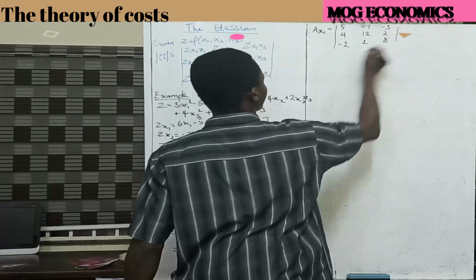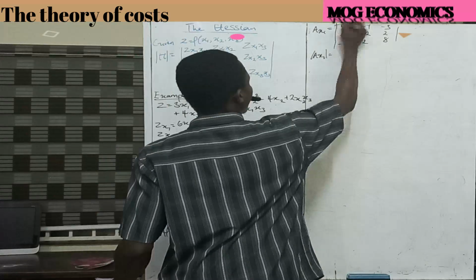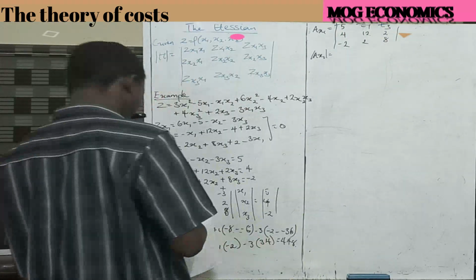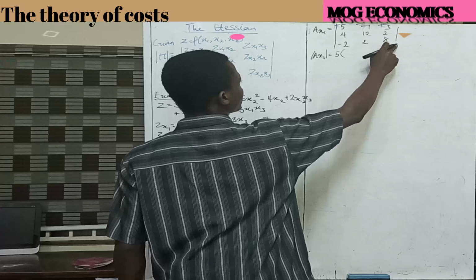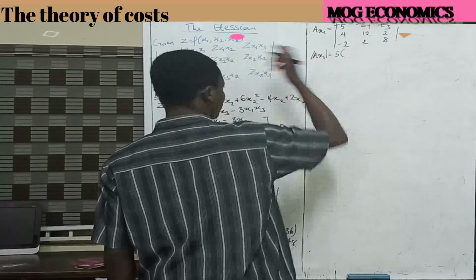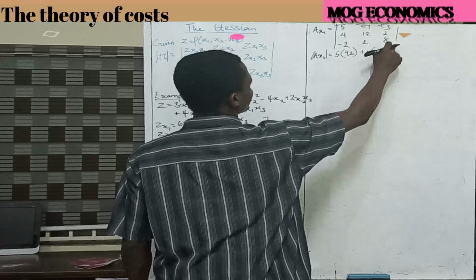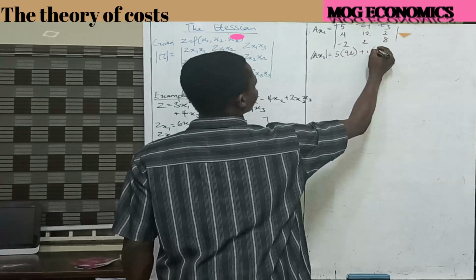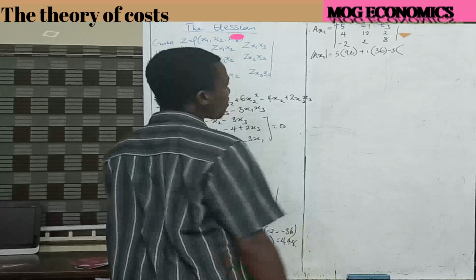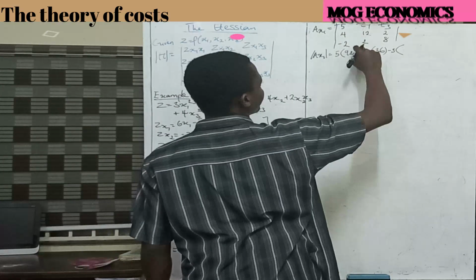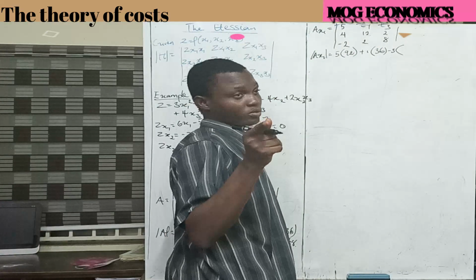So the determinant of A_x1 equals: plus, minus, plus, so 5 into bracket 12 times 8, 96, 96 minus 4, 92, plus 1 into bracket 4 times 8, 32, 32 minus minus 4, that's 36, then minus 3 into brackets 4 times 2, 8, 8 minus minus 24, that's 8 plus 24, the answer is 32.